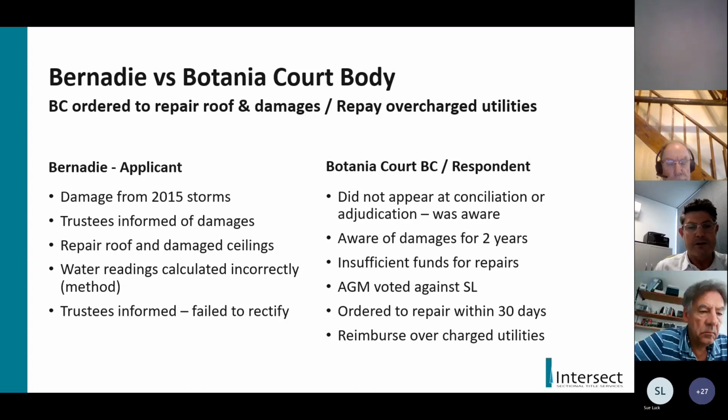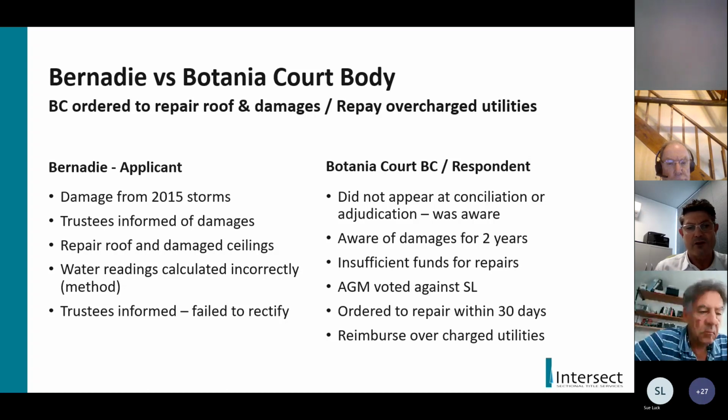You'll also note that some of the other owners were actually part of the problem here. Interestingly, the trustees did not need to call an AGM to raise a special levy, because the trustees have the authority to raise a special levy if they do not have sufficient funds.